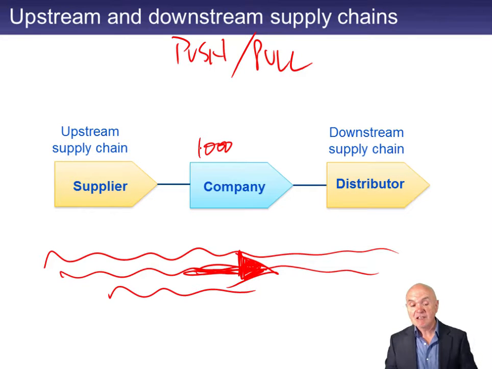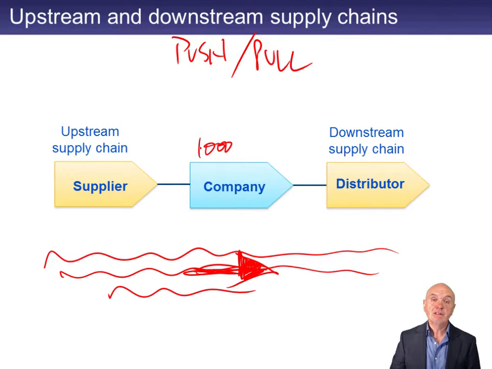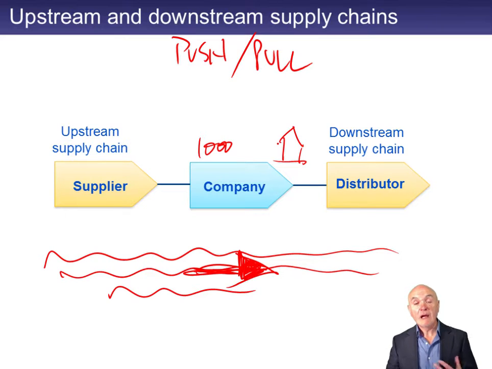And the company essentially places orders for 1,000 units worth of material, makes 1,000, and then probably puts that in a little warehouse somewhere on its premises, and then waits for the sales to happen. In other words, the company pushes goods, particularly finished goods, into the system. That's, if you like, a conventional system using inventory.